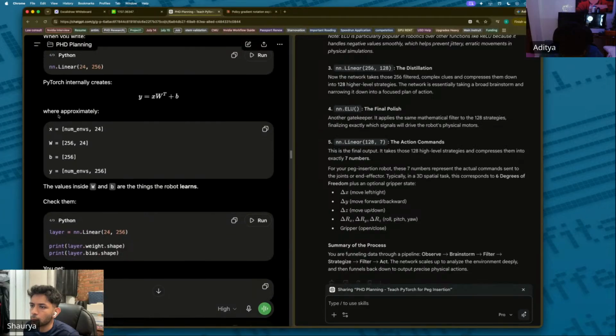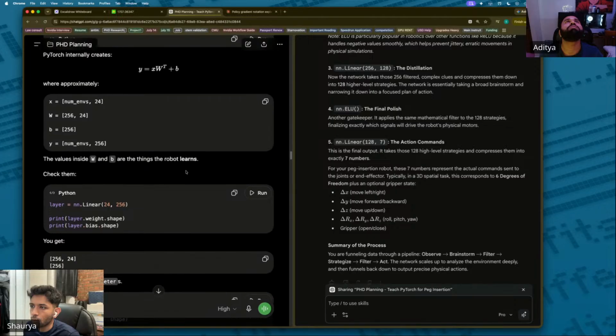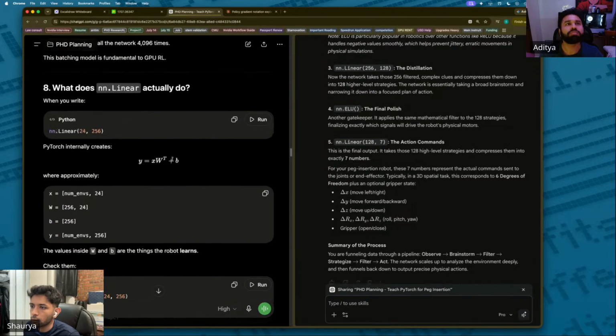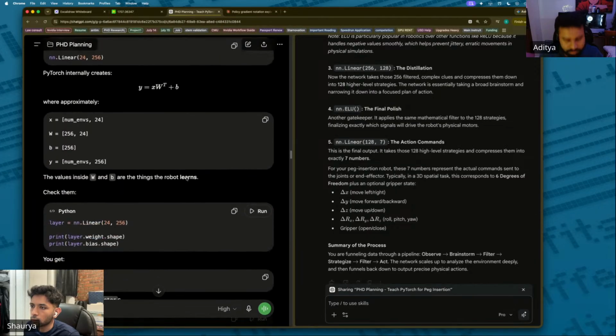So we are approximately at num_envs. Okay. The value inside W and B is what the robot learns.